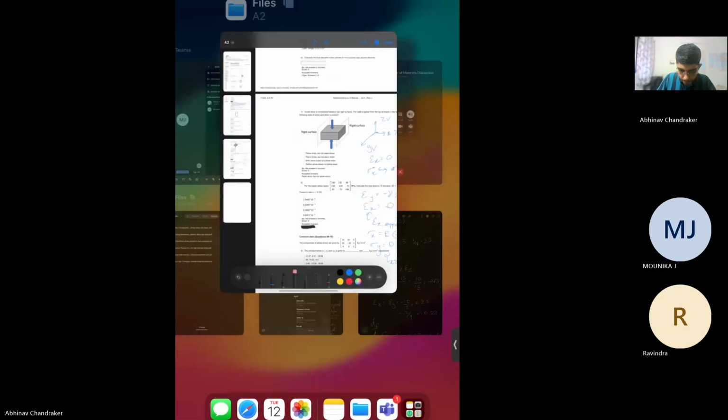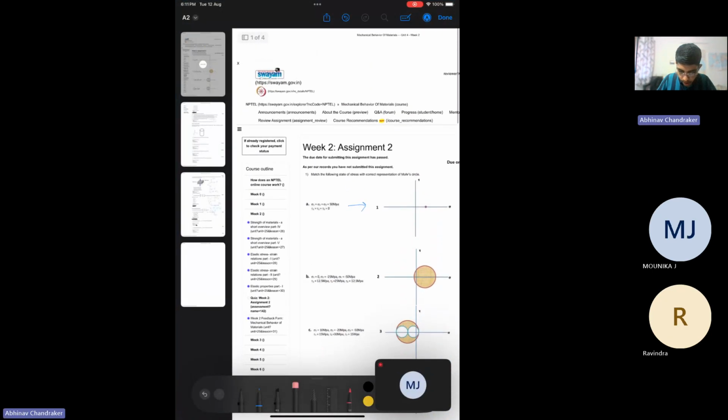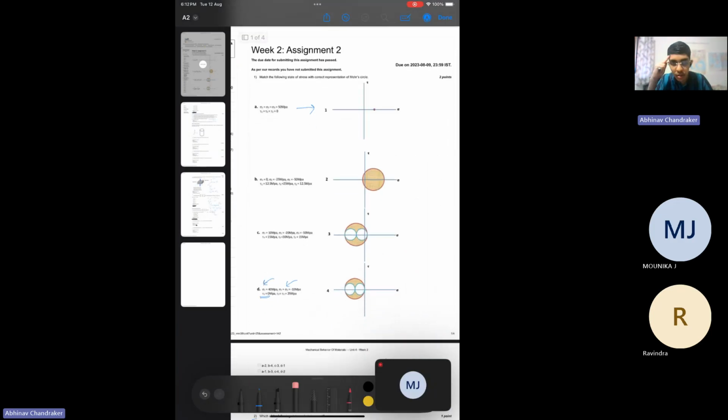So let's look at question 1. We were confused about one earlier. So this is the question. We were given sigma 1, sigma 2, sigma 3 values and tau 1, tau 2, tau 3 values, and had to find out what will be the corresponding Mohr circle for that stress state.